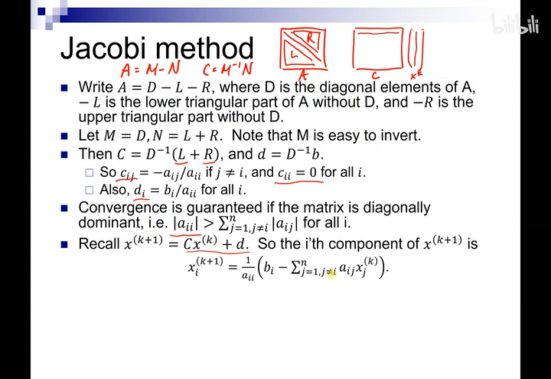The reason you have j not equal to i over here is that the diagonal element of C is actually 0. So we add up the entire ith row of C, except we skip over the diagonal element.